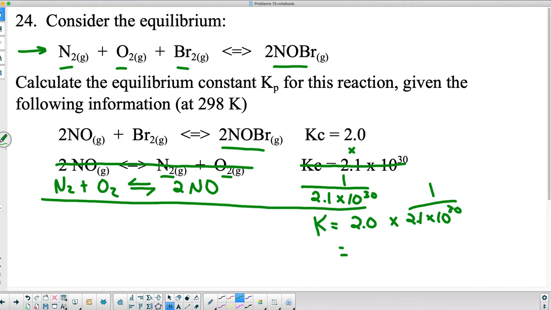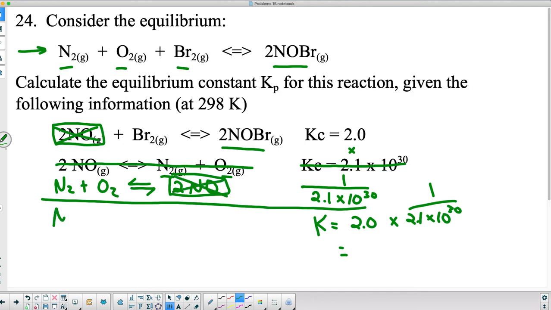So here's why we flipped the bottom equation. We flipped the bottom equation so that we can cancel things that are on opposite sides of the equation, such as, notice that 2NO is a reactant on this side, but it's a product on this side. Okay, I have NO on both places, a product and a reactant, which means I can cancel them. And if I have equal numbers, as in 2NO and 2NO, I can completely disregard.